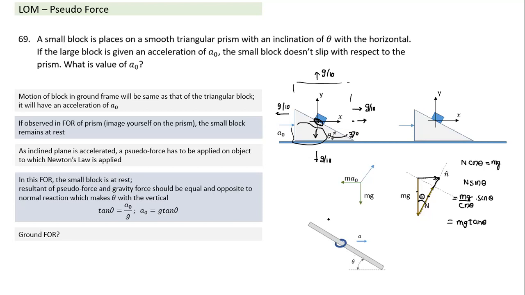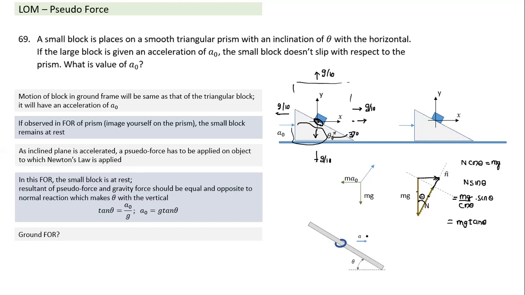Rather than placing a block here, on the rod I have slipped a ring. We know that if the rod is kept inclined at angle theta and there is no friction between the ring and rod, the ring will slide down and have the same acceleration g sine theta as this block will have. Now in a similar case, if this rod is given an acceleration a in the horizontal direction, then the motion of the ring relative to the rod will change.